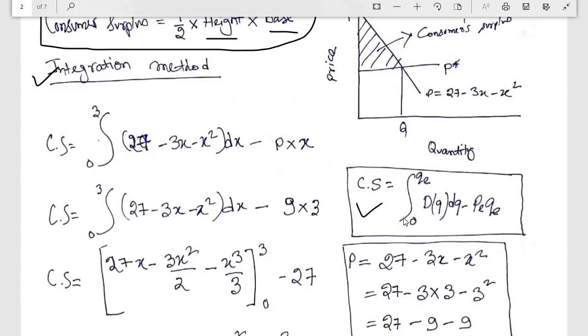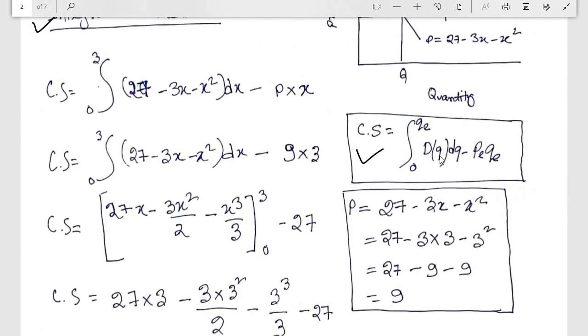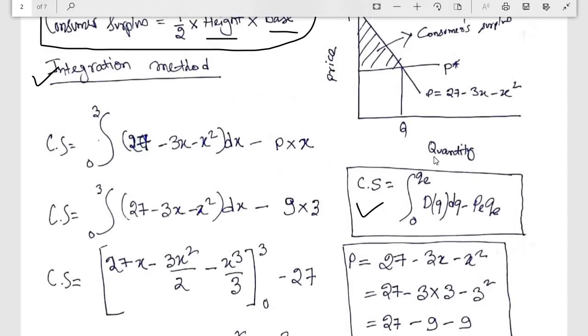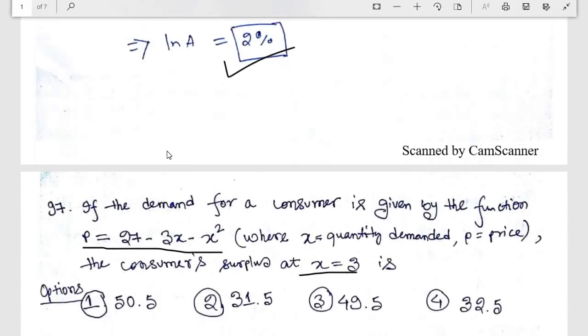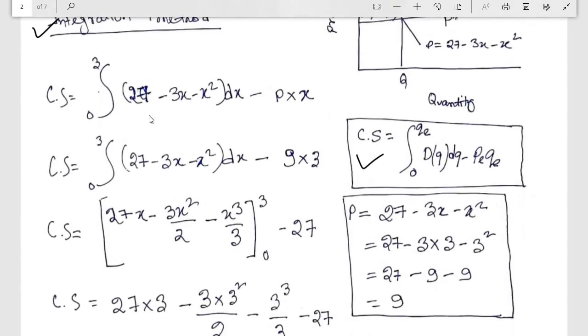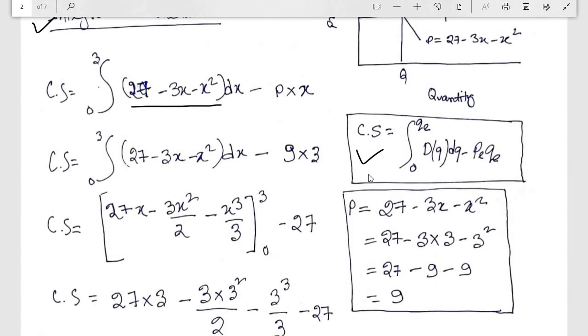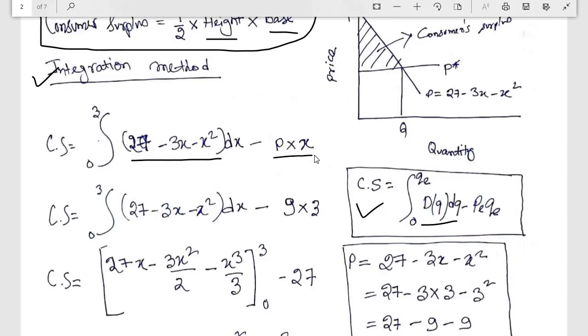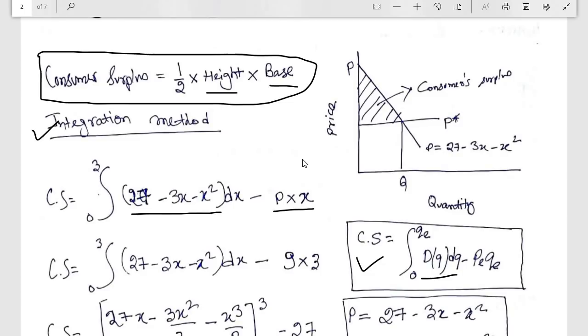So this is the formula, okay? This is the integration. When you put the demand function here, like this, we have to multiply p into x, because x is quantity, so it is a product.